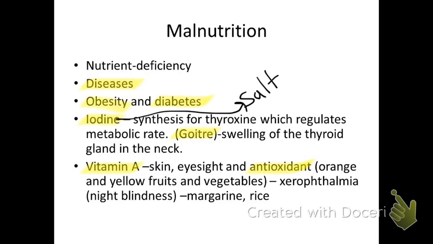We usually get vitamin A from eating orange or yellow fruits and vegetables, and this is the deficiency of night blindness you need to be aware of, and so you need to learn it.